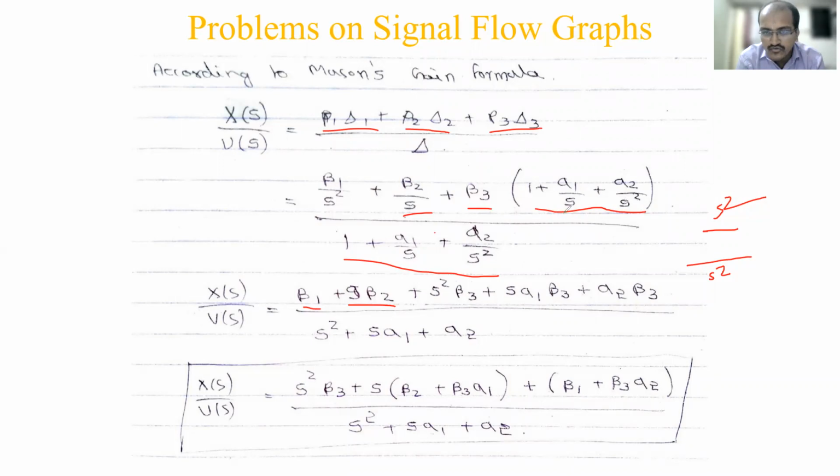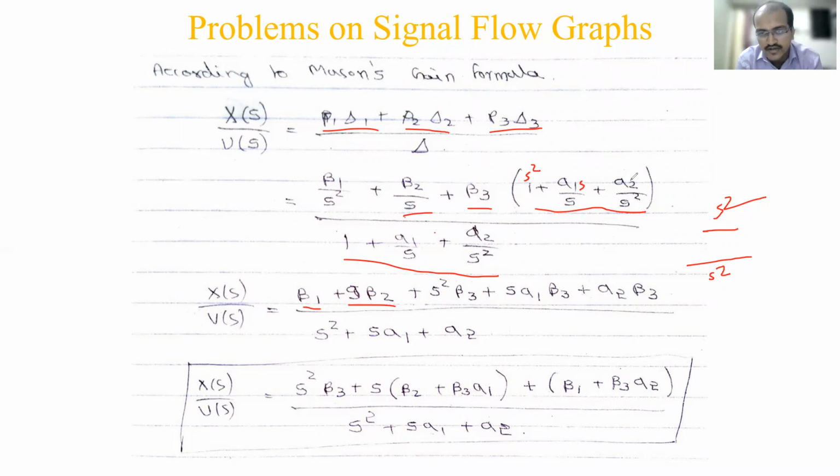again you have the S square. S square is already there, but you have to multiply this with the first term. So here comes S square, then A1 S plus A2 by whole S square. That S square and the denominator S square are there, that's why beta 3 into this inside term I have grouped in the same term.